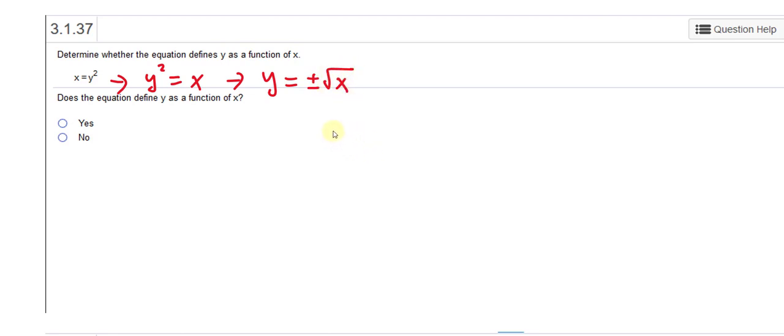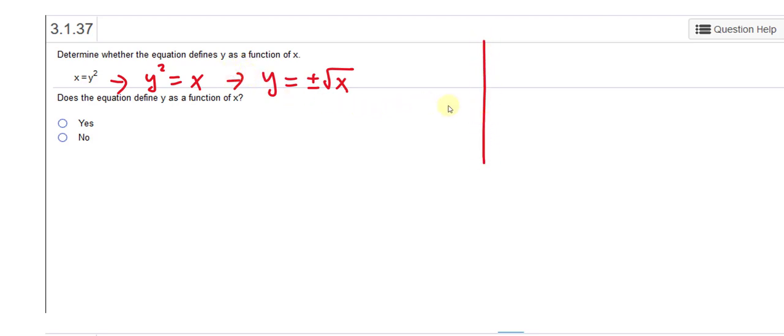Now we see that we have two different values of y for each value of x, so is it a function, yes or no? So let's try.